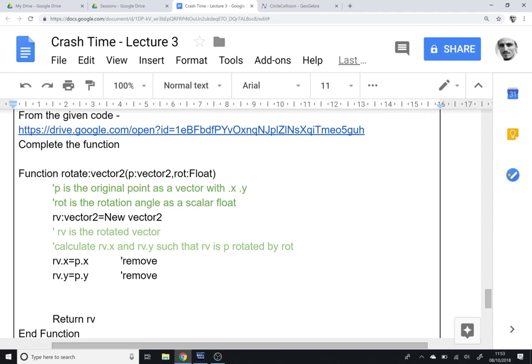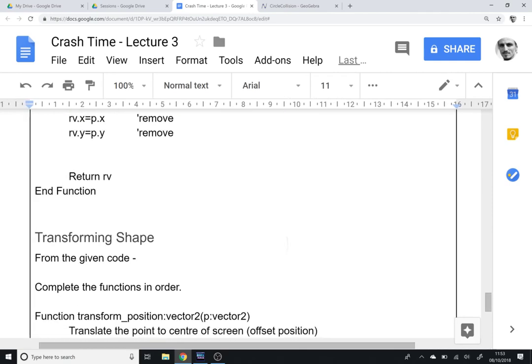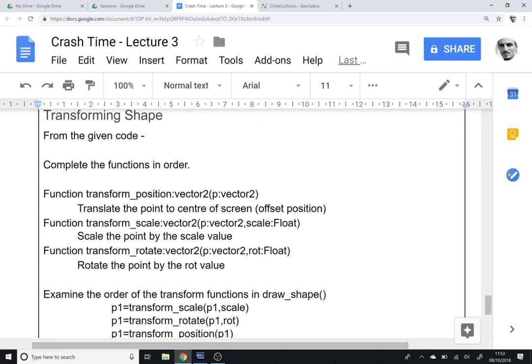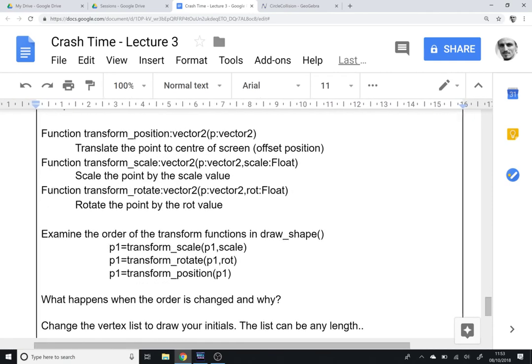And then the stretch goal is transforming a shape. You're given 3 transforms: the translation, which is a position movement, a scale, which makes it bigger or smaller, and again rotating the point. All the functions are written out; they've just blanked where the code goes.